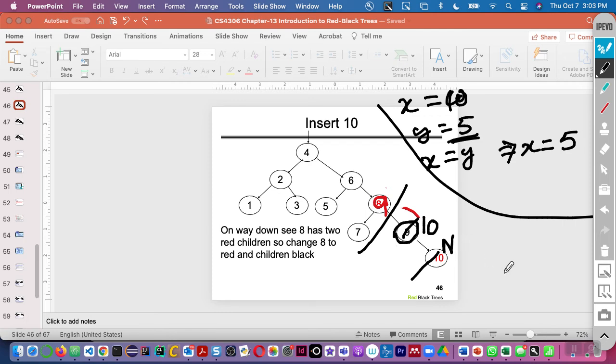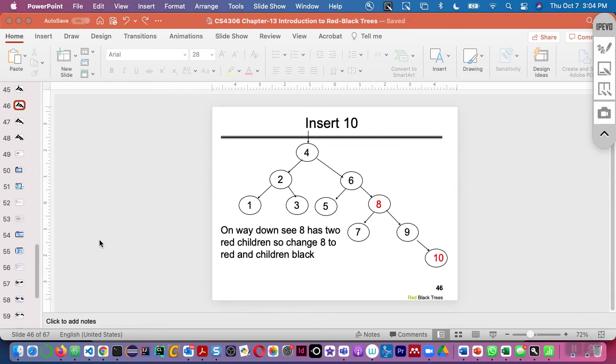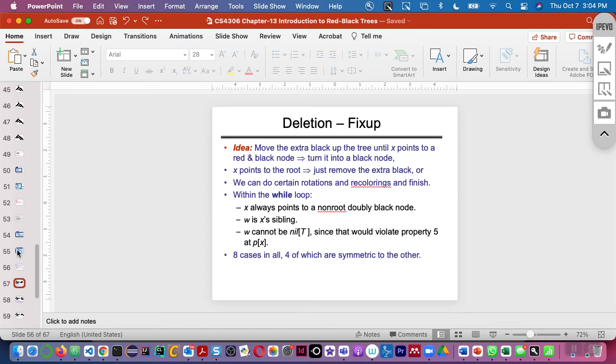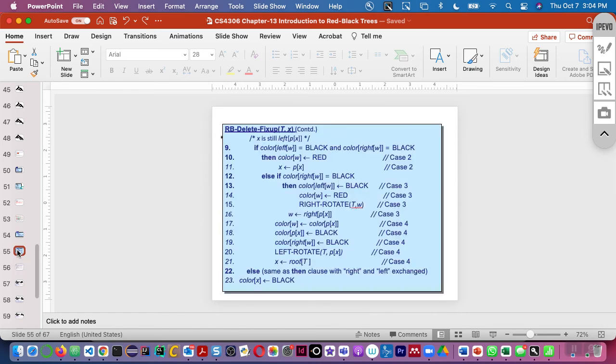Now it covers 2 or 3 cases already. Still we have more cases. So deletion is recursively down. Deletion is going down.